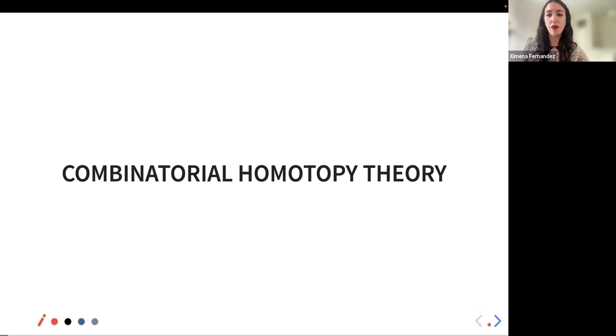The motivation comes from combinatorial homotopy theory. The idea is to try to understand topological spaces using some combinatorial structure as a model of the space, and also to find ways to simplify this combinatorial structure in order to better understand the homotopy type.